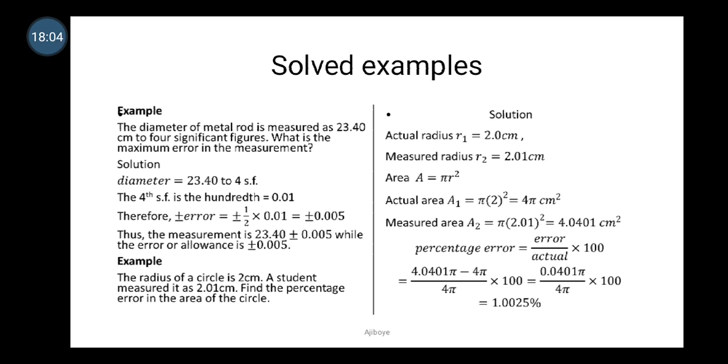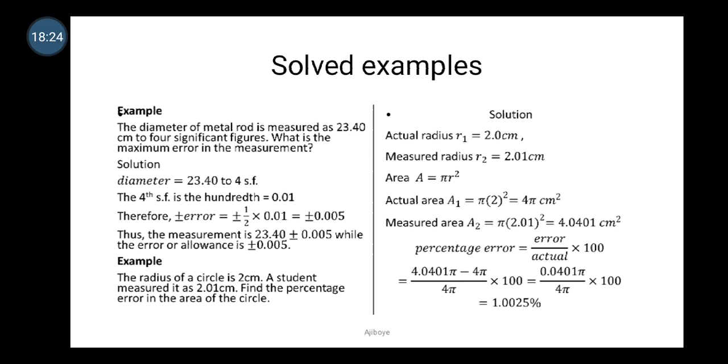So if you calculate the area using the actual radius, you get 4 pi centimeter square. And if you calculate the area using the estimated radius, you get 4.0401 pi.